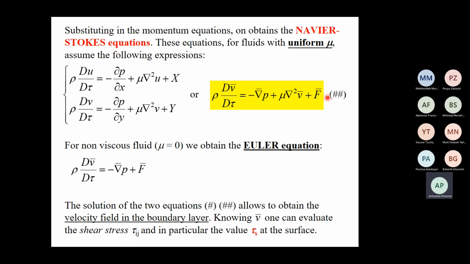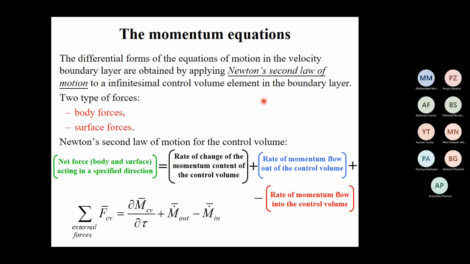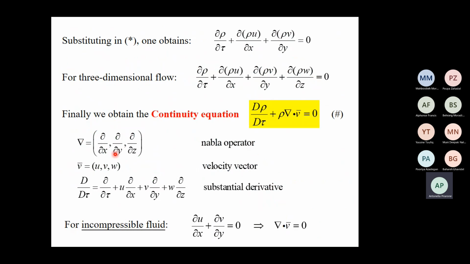So this yellow manner of writing the equation includes both the previous ones, because I write the vector and the gradient. This notation means the gradient. If you go back to this one, okay, the gradient.